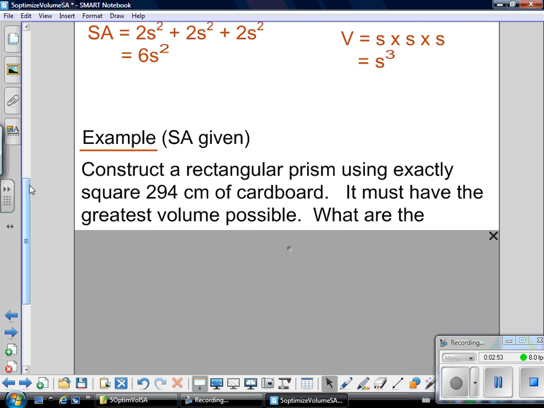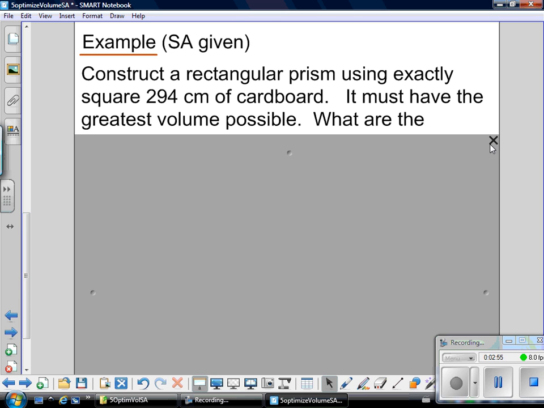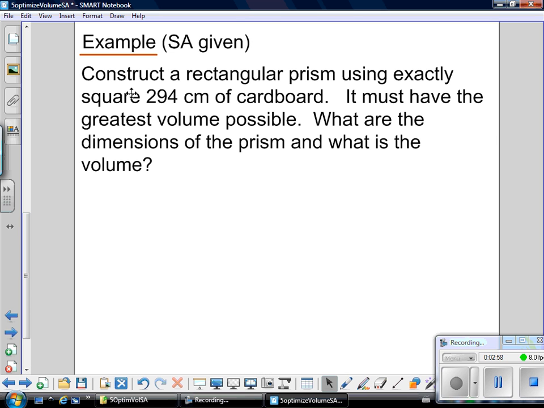The first example we're going to look at is when the surface area is given to us. It asks us to construct a regular prism using exactly 294 centimeters squared of cardboard. It must have the greatest volume possible. What are the dimensions of this prism and what is its volume? As soon as I see the word greatest, I know that I'm talking about a cube. So it's the cube that we're after.